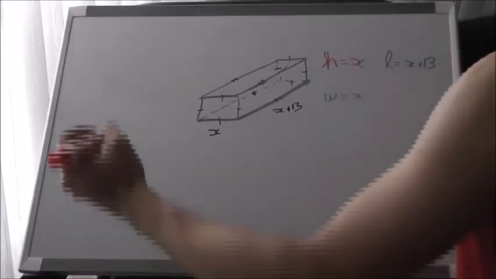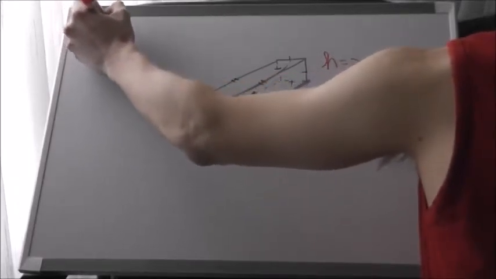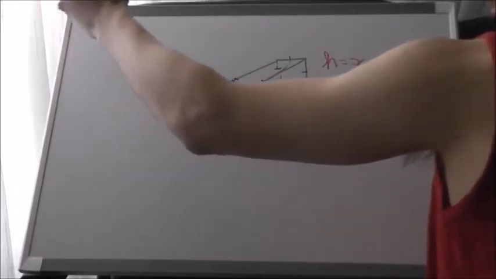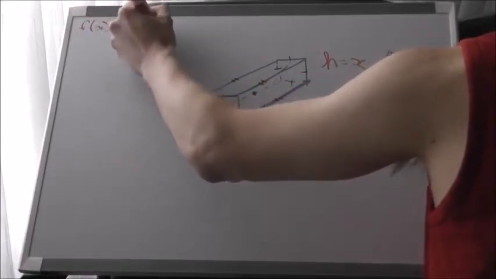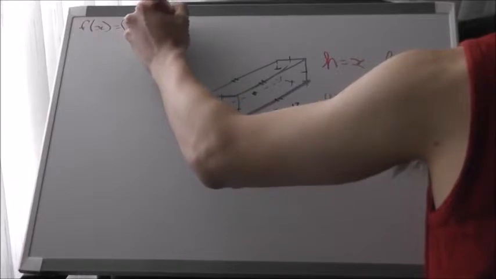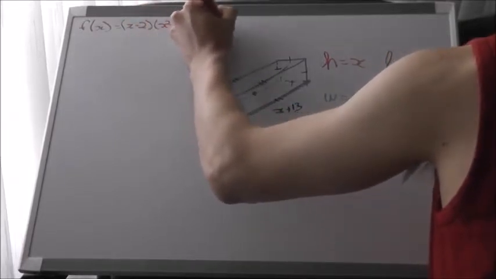So now we're going to rewrite our equation at the top of the page, which is f of x is equal to (x minus 2) times (x squared plus 15x plus 30).